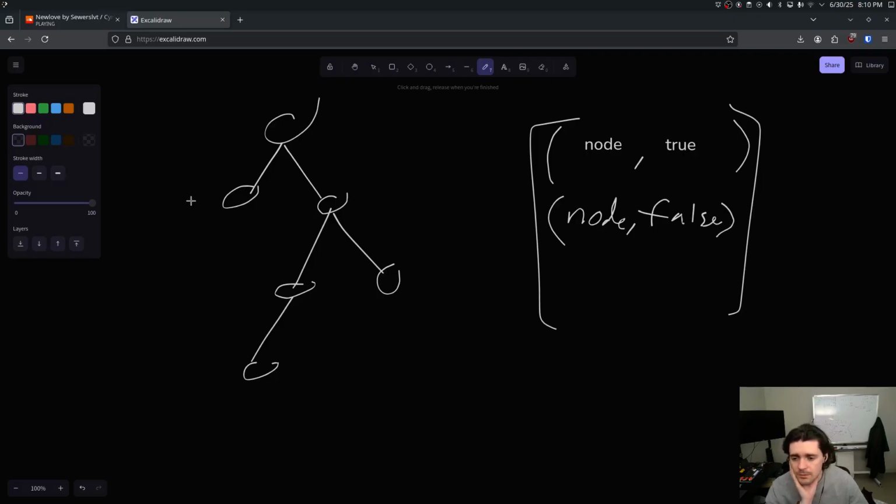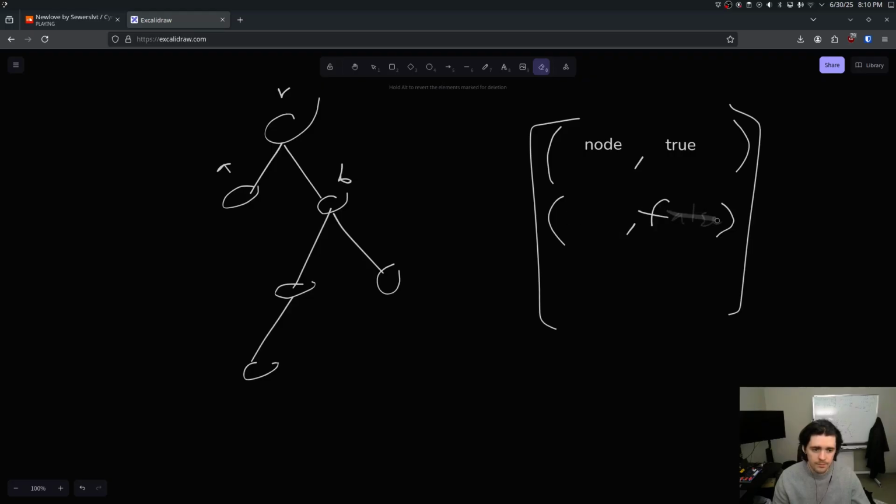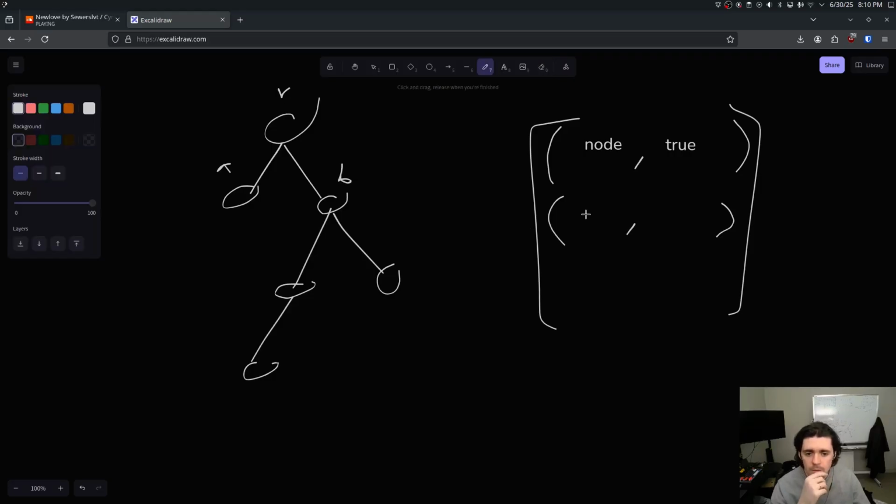So if we have R as a root, A and B, then you can consider this to be R. What we'll have is A, false, B, false.